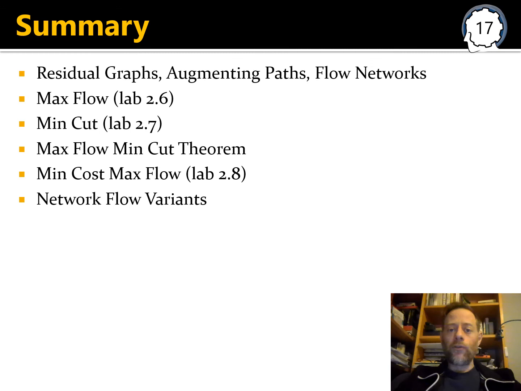And finally, we also talked about how we can deal with having multiple sources or multiple sinks by adding a super source or a super sink, or how to deal with vertex capacities by splitting up each vertex in two and adding a bidirectional edge with the capacity of the vertex in between them, and rewriting the graph so that all the input edges come to one of those two nodes and the output edges all go out of the other. So that's all for today.